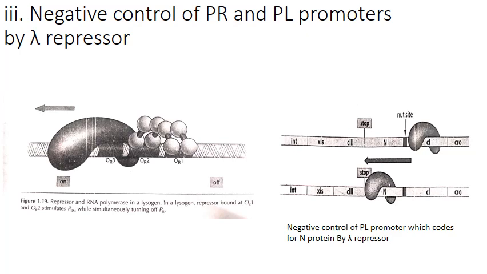It is regulated such that when lambda repressor is present, the PL promoter produces only a short RNA of the N protein and is not able to produce a complete N protein, and hence it controls the gene regulation of the PL promoter as well.